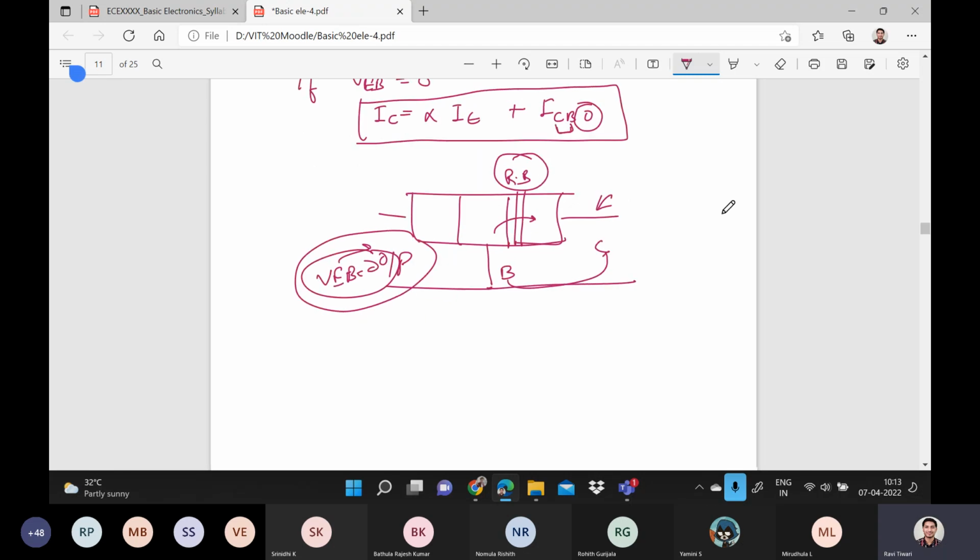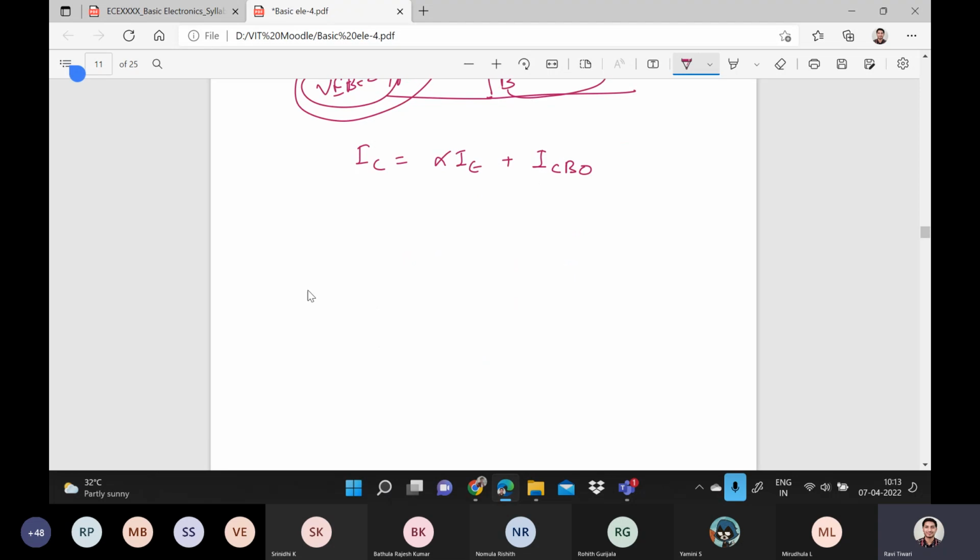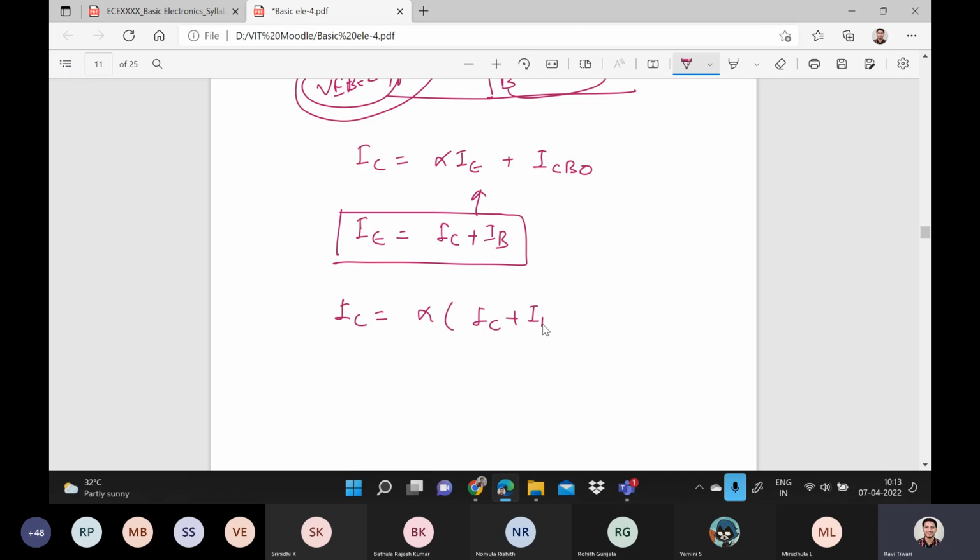So that's why IC is equal to alpha IE plus ICBO. And as we know, IE is equal to IC plus IB. Please substitute here in this equation. If you substitute, you will get IC is equal to alpha in bracket IC plus IB, plus ICBO, the current between the collector and base when the emitter is open.